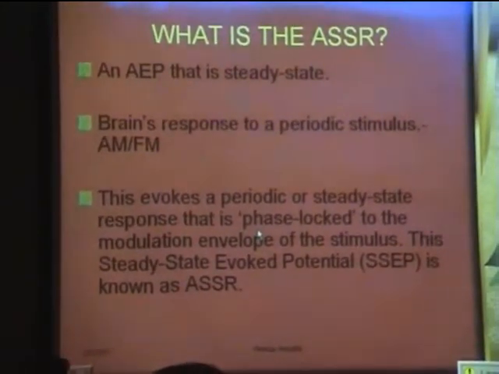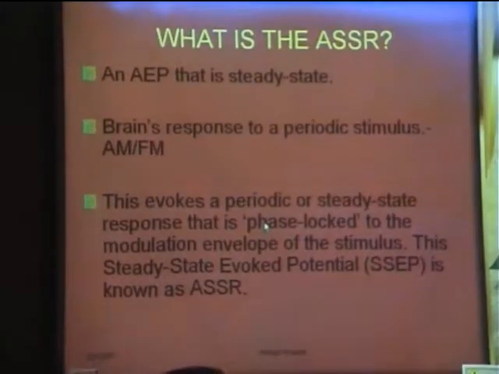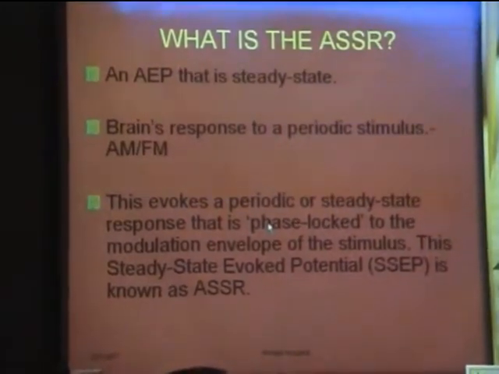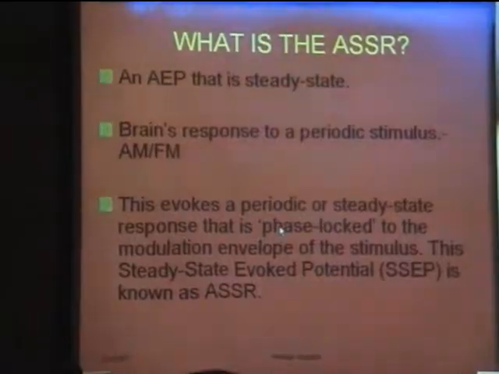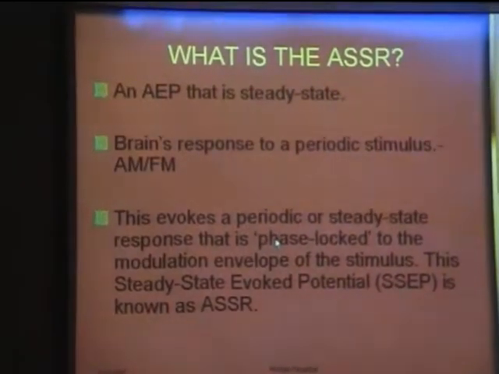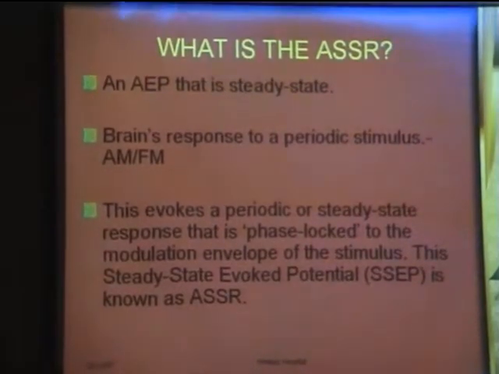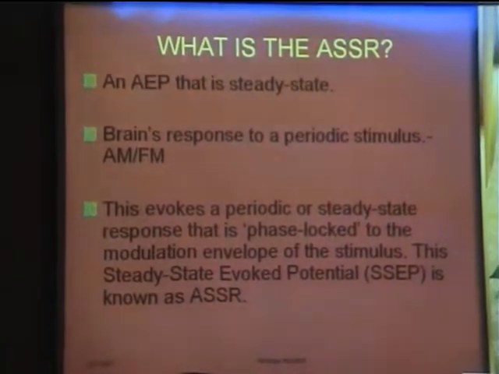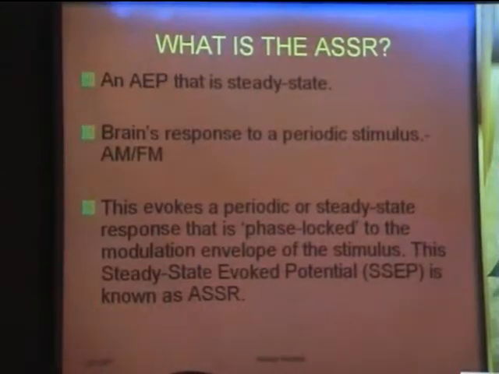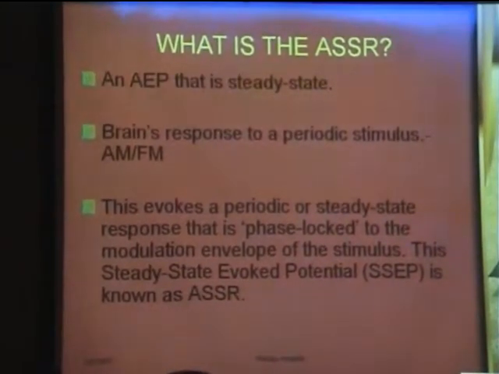In click evoked ABR, we analyze the latency and the amplitude of the response. We look for the latency of wave 5, we look for the amplitude of wave 5. But in ASSR, we analyze the response in terms of its frequency domain, or the spectral domain, and its phase, and try to understand whether the response is present or absent.